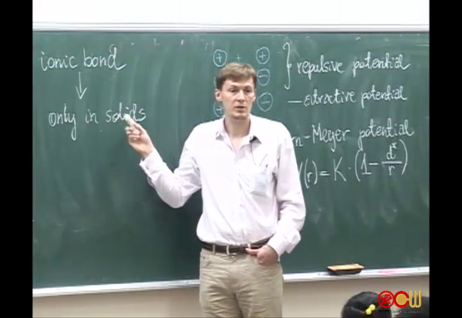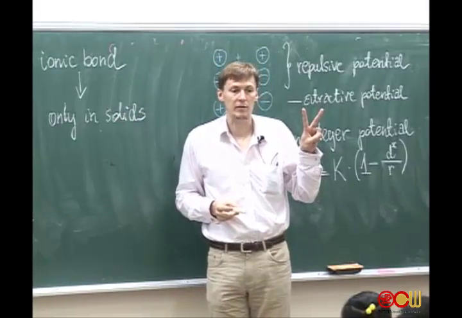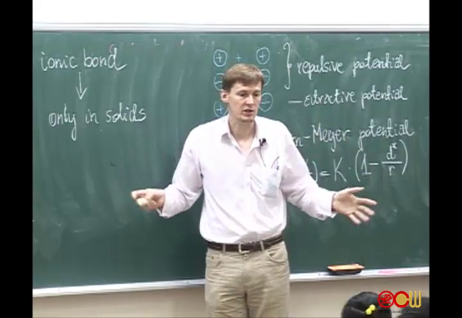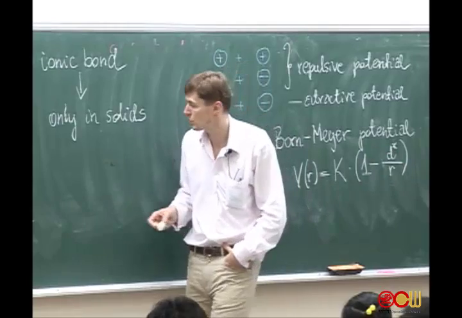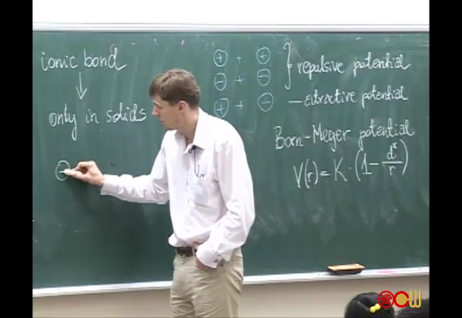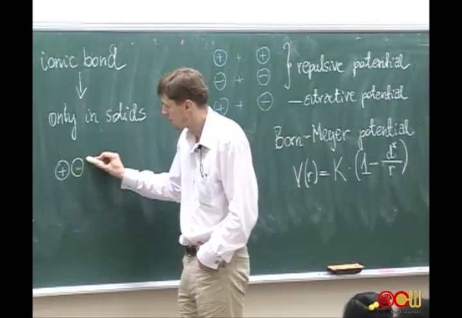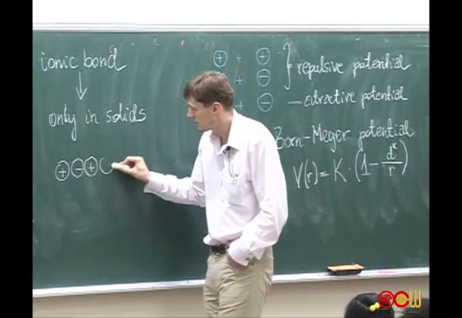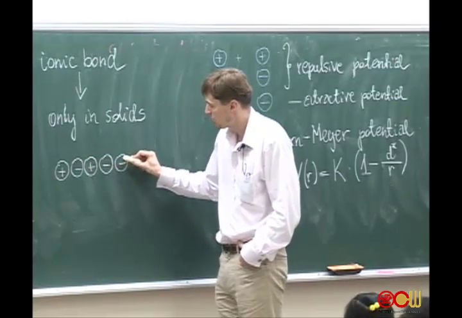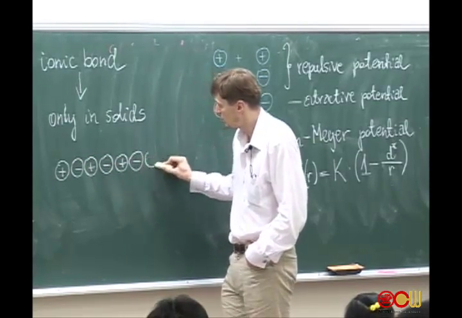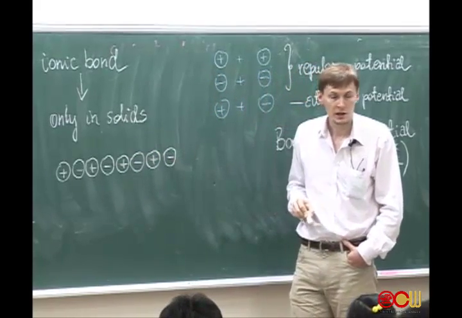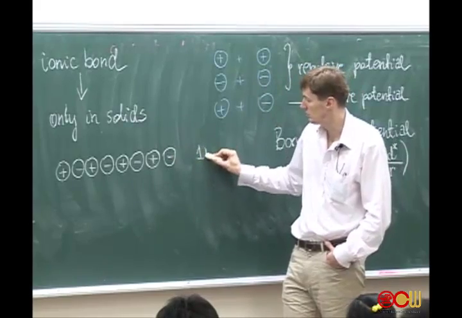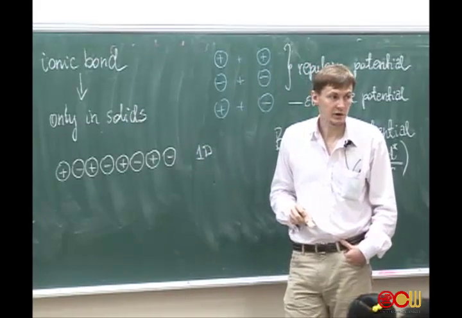What does it mean? It means that two atoms is not enough. It means that you need 1,000, 2,000, 1 million atoms to make a solid. How does it look? Very simple. Plus, minus, plus, minus, plus, minus, plus, minus, and so on and so on. This is a one-dimensional model, but it hardly ever happens.